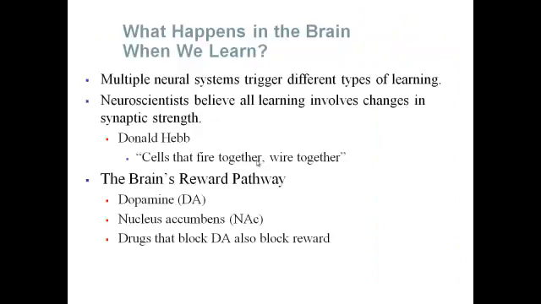Well, it turns out that there is more evidence as we learn more about the brain that things are happening in the brain when we learn, and different neural systems are involved when it comes to learning, and there are certain areas of the brain that may be working together.